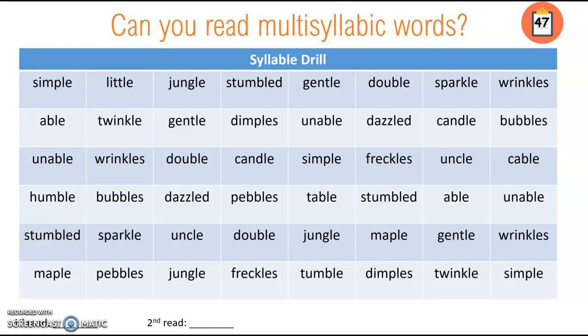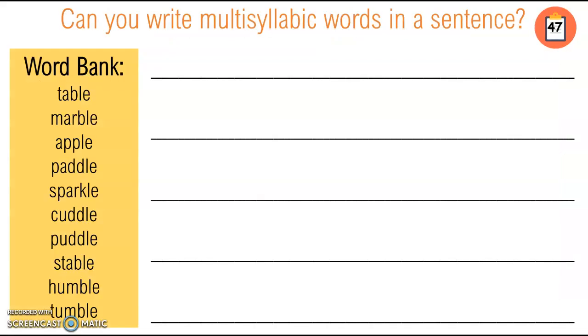All right, now figure out how many words you read on your second read. And then write it down in that second read spot. All right, if you need some more time to figure out how many words you read, go ahead and hit the pause button. If not, we're going on to our next slide.